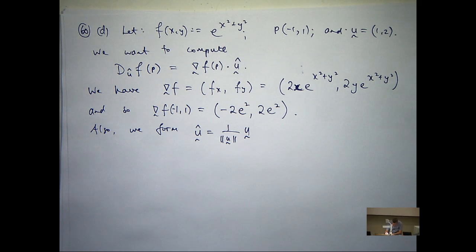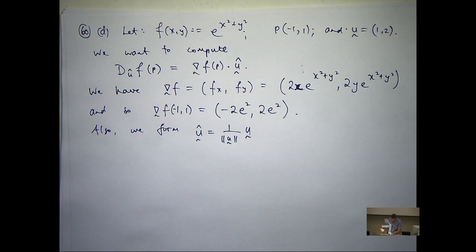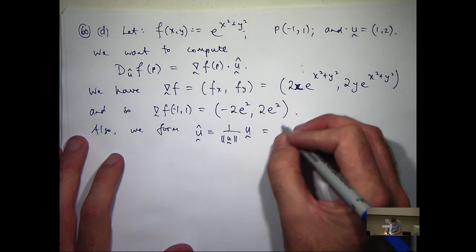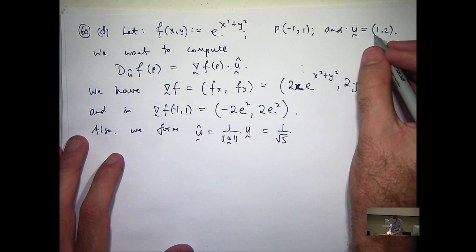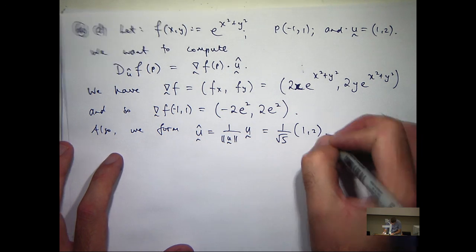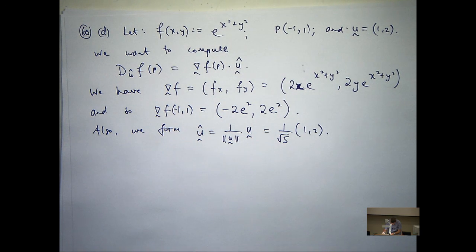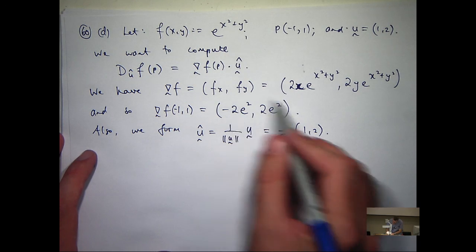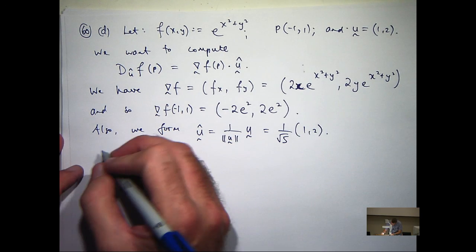So what's the magnitude of this vector going to be? Root 5, right? You just square the components, add them together, and take the square root. So now what? We're on the home stretch. Yeah, the dot product of our two vectors. So we want to take the dot product of this with this using this formula.